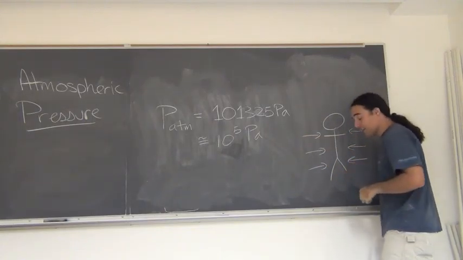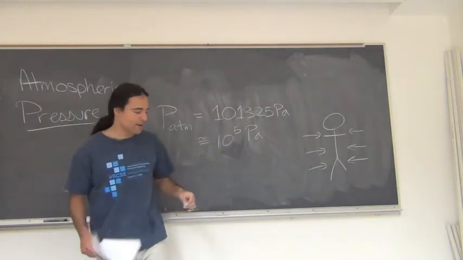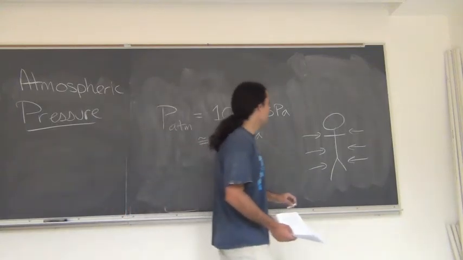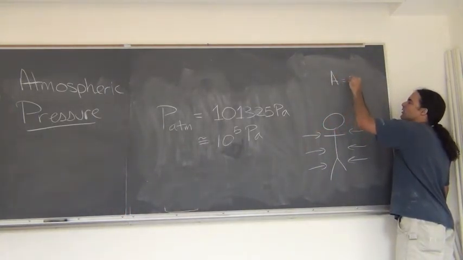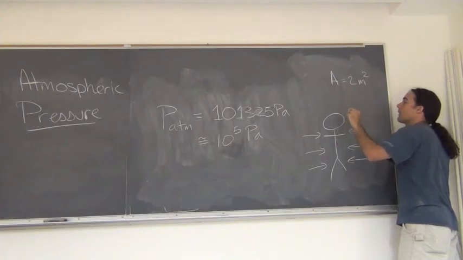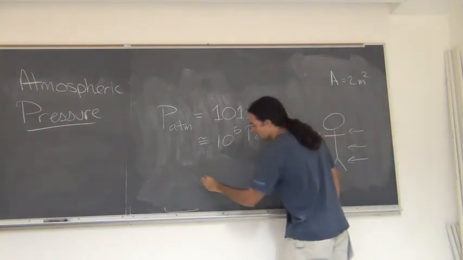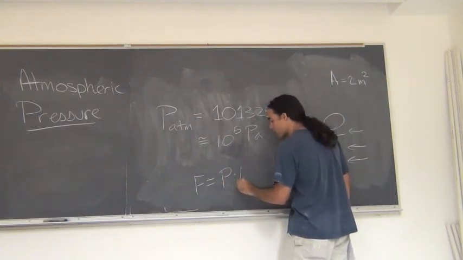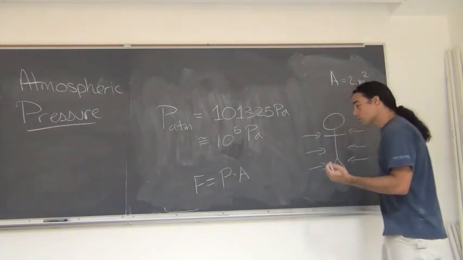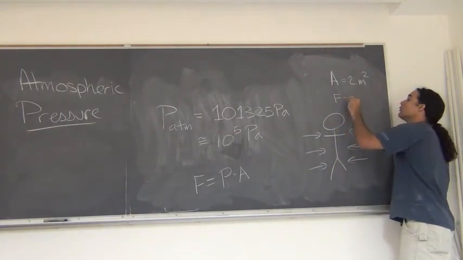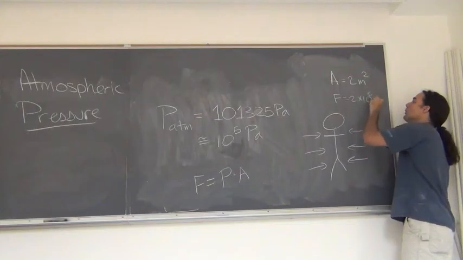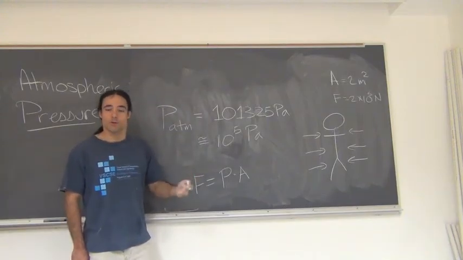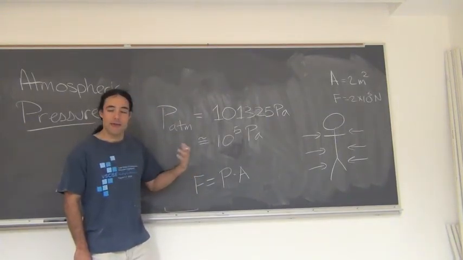And that pressure is pushing on me all the time. So let's put that number into context. 100,000 pascals. Well, the area of my body is about, we'll say 2 meters squared of area, which would mean, using my definition of pressure and solving for the force would just be the pressure times the area, which would mean my force is about 200,000 newtons. That isn't a unit that most students, at least most American students, will have had a whole lot of experience with.